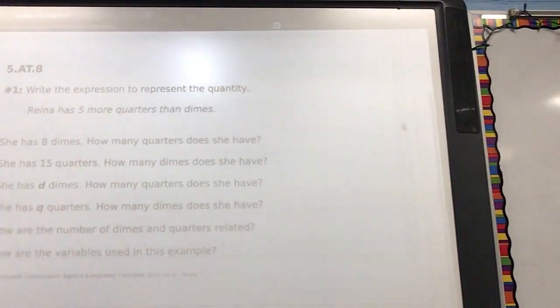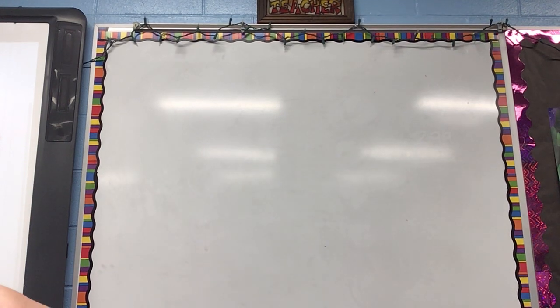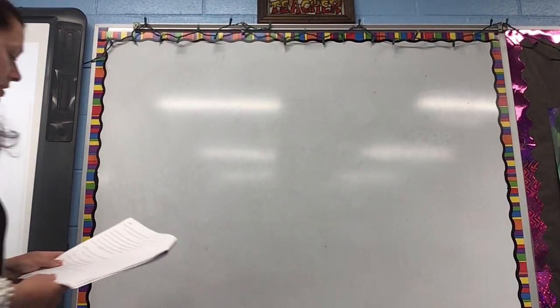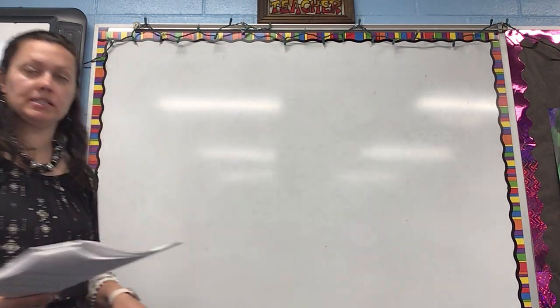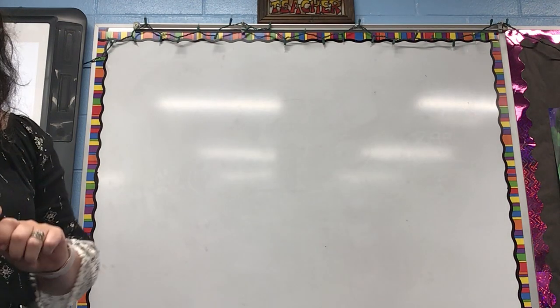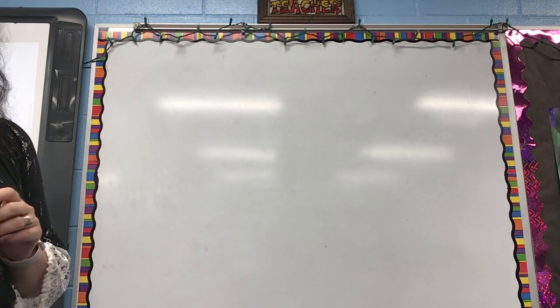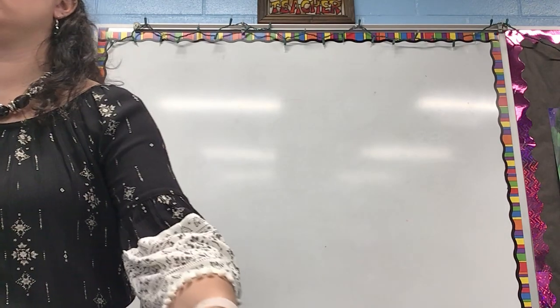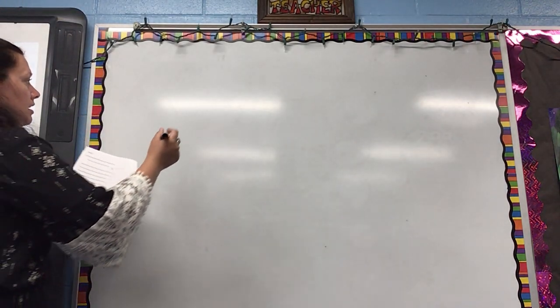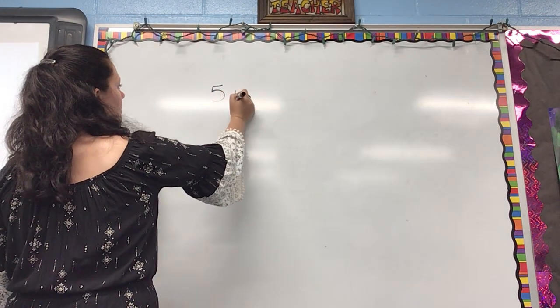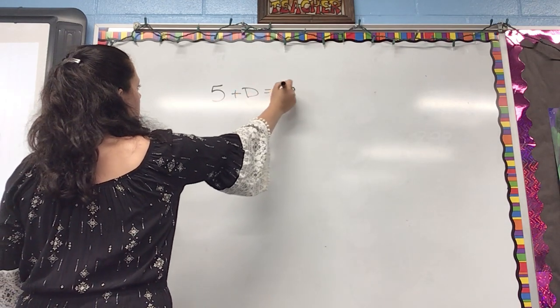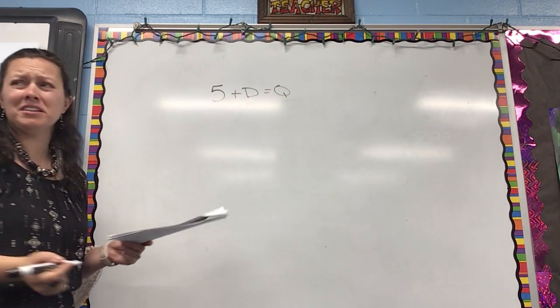All right, let's talk about this one together. Who thinks they know an expression to represent that Raina has 5 more quarters than dimes? What does that mean, an expression? Max? C says 5 plus D equals Q. You have letters in math?